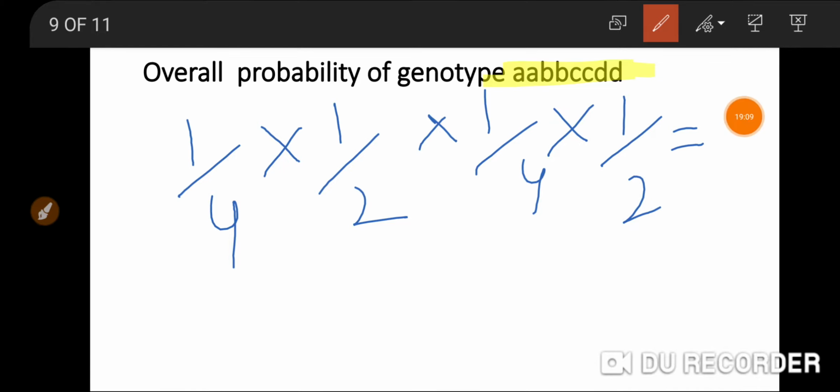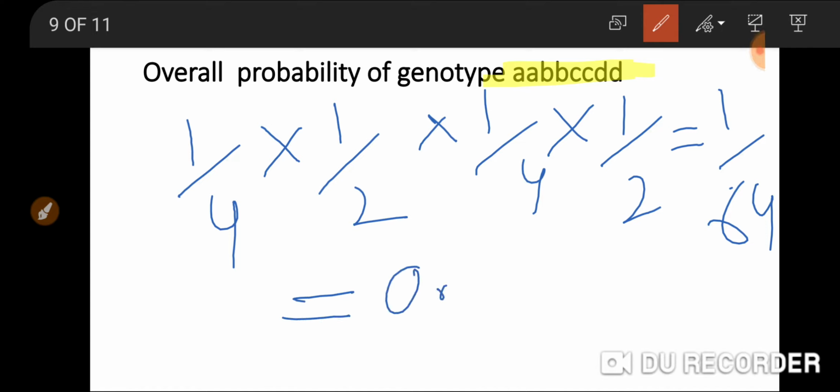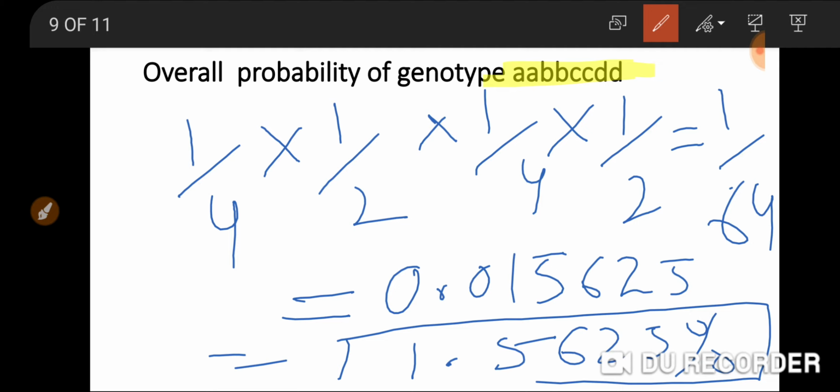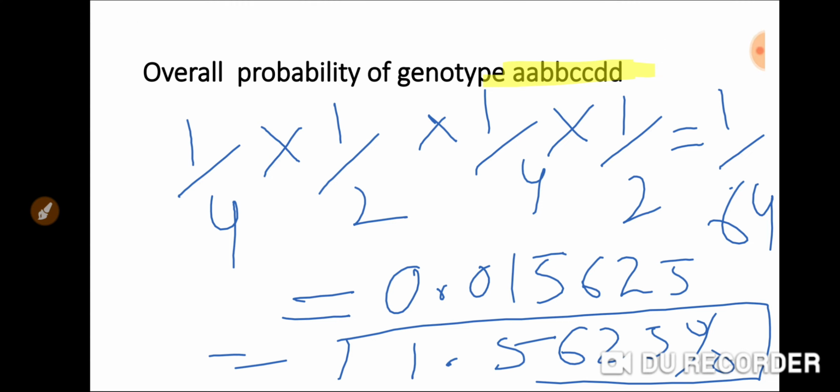That comes equal to 1 by 64, and that is equal to 0.015625, or in other words we can say 1.5625% is the probability. Or we can conclude that 1.5625% of the offspring will be of the genotype small a, small b, small b, small c, small c, and small d, small d.